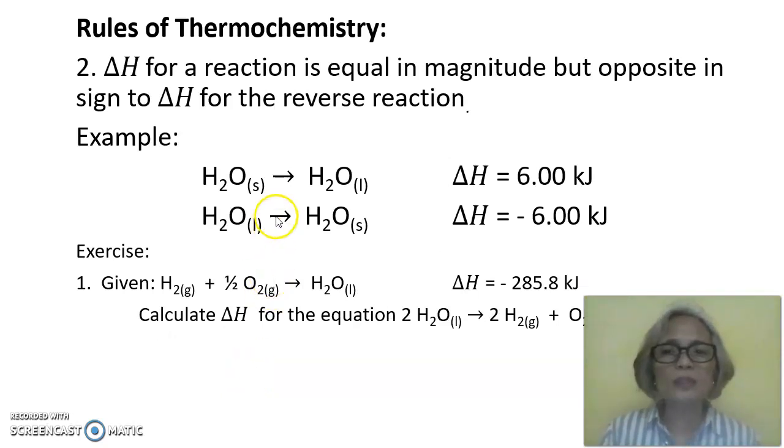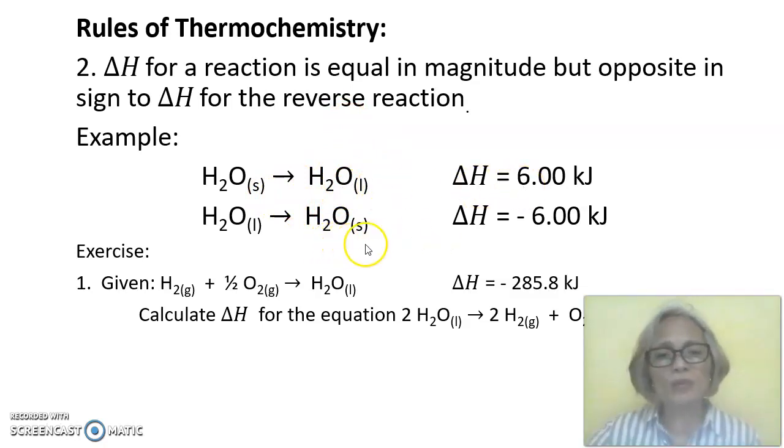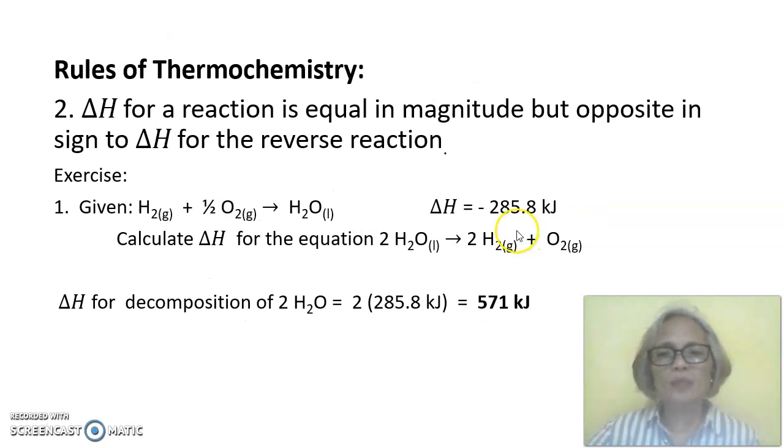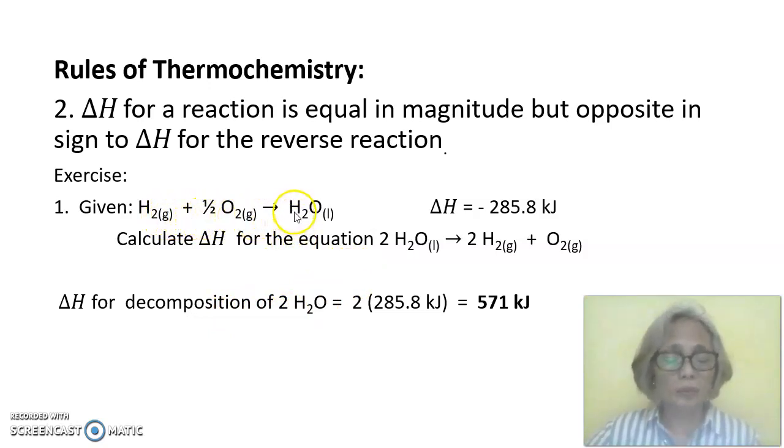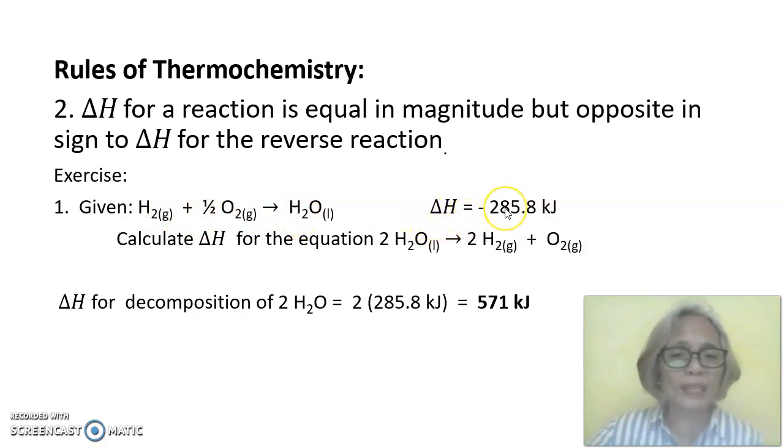Rule number 2: delta H for a reaction is equal in magnitude but opposite in direction to delta H for the reverse reaction, like in this example. From solid to liquid, we have 6 kilojoules. From liquid to solid, we also have 6 kilojoules, but the sign is opposite. For example, we want to determine the delta H for the decomposition of 2 moles of water. From the thermochemical equation, 1 mole of water formed is equivalent to a delta H of negative 285.8.